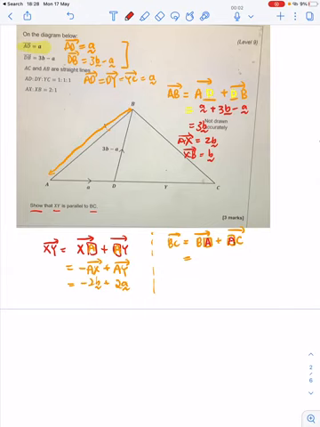Because I know AB, but since this is BA plus AC, I can change it to negative AB first. Then negative 3B, and AC is 3A, plus 3A.